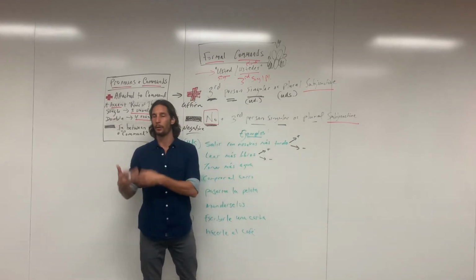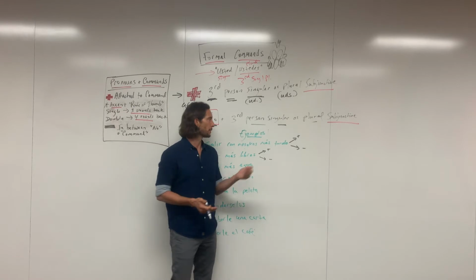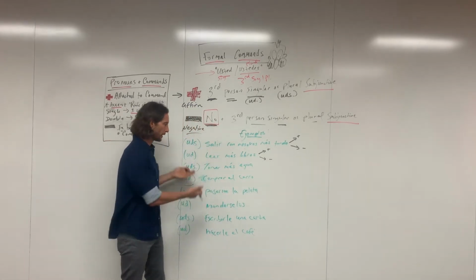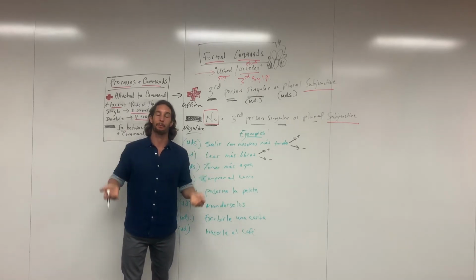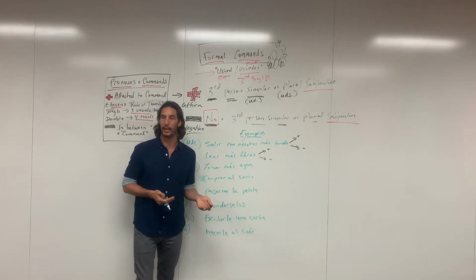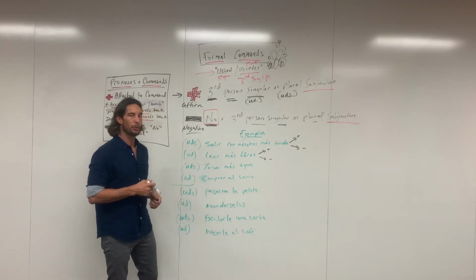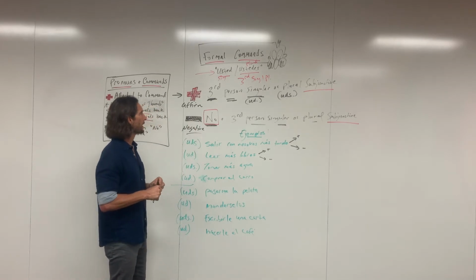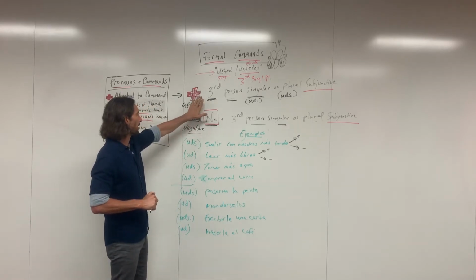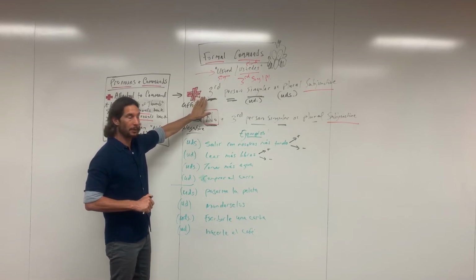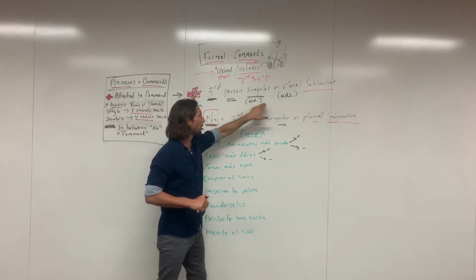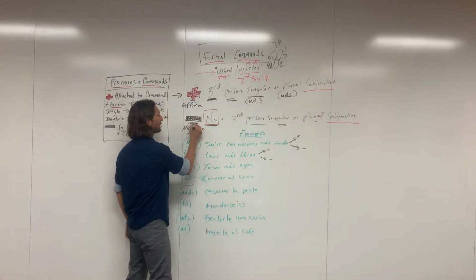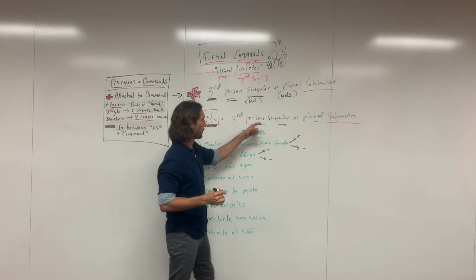Now, as you can see here, it's not as simple as that, because pronouns exist in the language, so I'll show you how to use these commands with pronouns as well. Just to reiterate, to make an affirmative command, third person singular or plural in the subjunctive, and to make it a negative command, it would be no, and then third person singular or plural in the subjunctive.